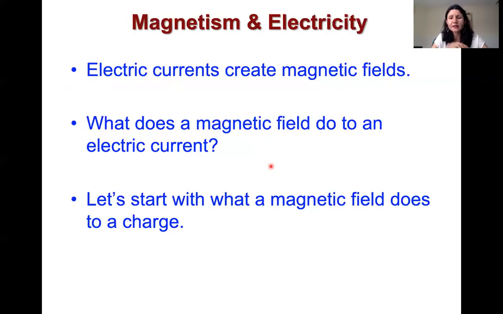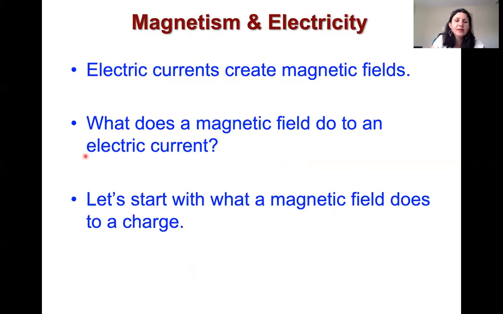Instead of having a current that's creating a magnetic field, if we had a magnetic field present due to something else, a magnet or maybe another wire, and if we had charge sitting there, will it do something to the charge? It seems like, and laws of nature are very symmetric, that indeed something should happen, that magnetic field should affect electric current. So we're going to look at it from that perspective.